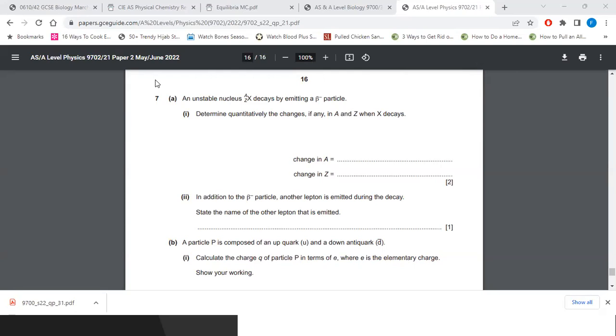What do you guys think will be the answer to part A? X decays.